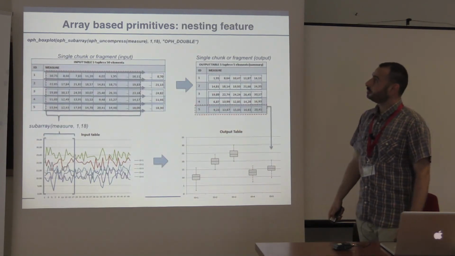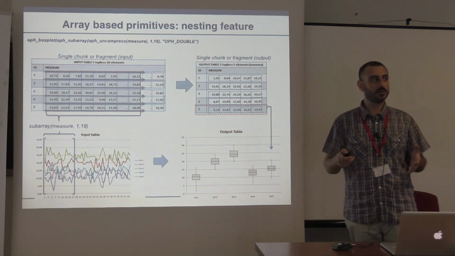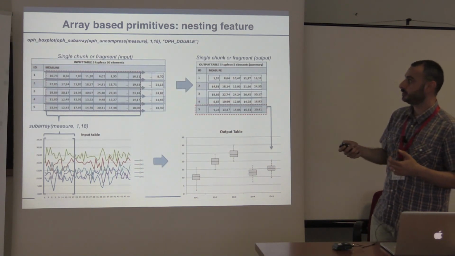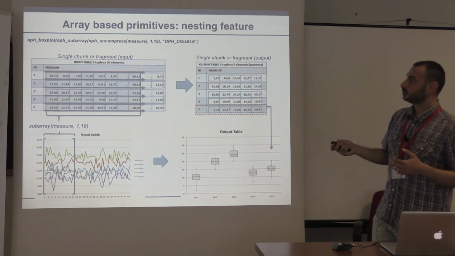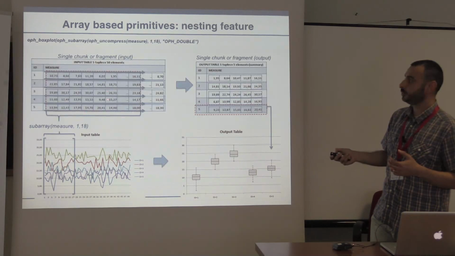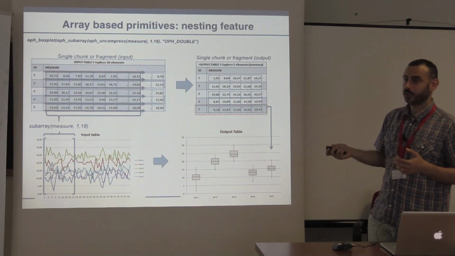As I said before, primitives can be nested together in order to compose much more complex functionality. In this case, we want to extract the box plot of a subset of this input data, and this input data is compressed.